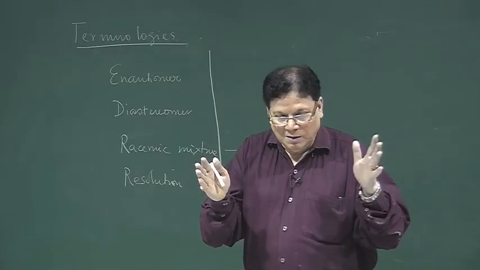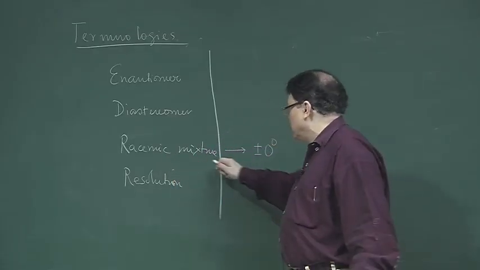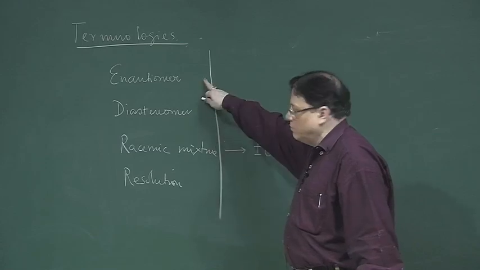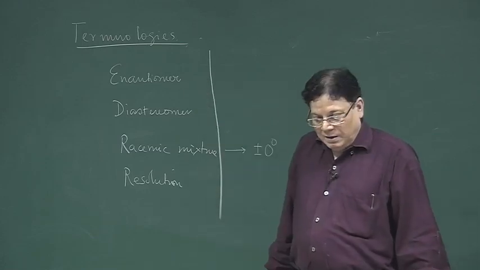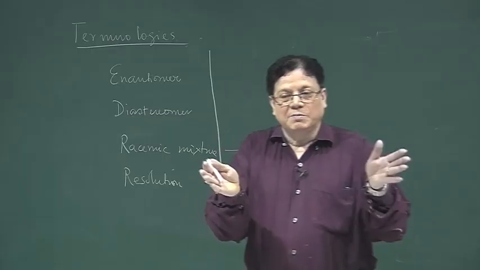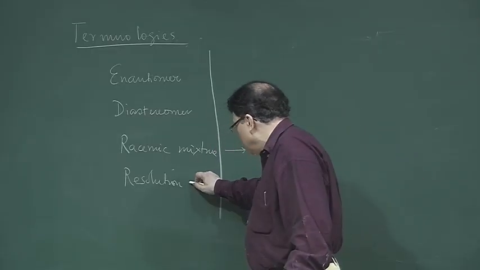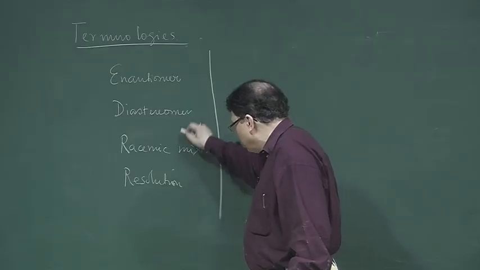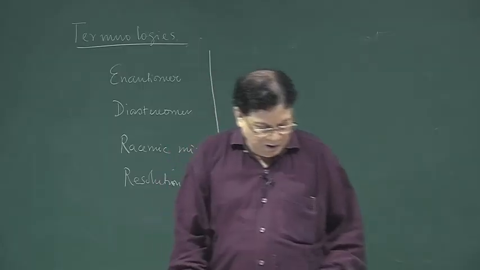So, the total rotation ultimately becomes 0. That is a racemic mixture, a 1:1 combination of a pair of enantiomers, and resolution is the separation of a racemic mixture into the individual enantiomers.